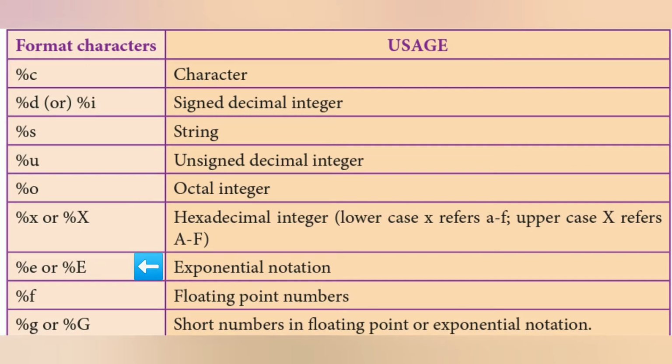And for exponential notation, percentage e in capital or small letter. And for floating point numbers, percentage f is used. And finally, to display short numbers in floating point or exponential notation, percentage g in lowercase or uppercase can be used. So all these are used in the print statement within double quotes.